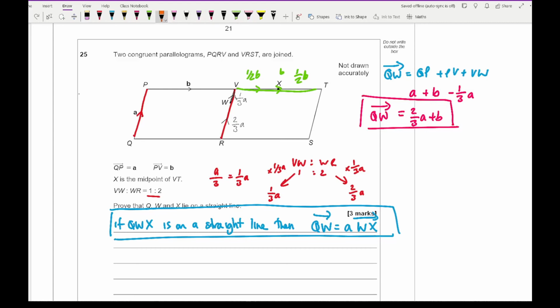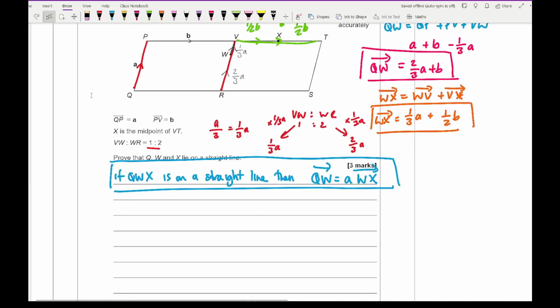The next thing for me to work out is what W to X is going to be. To get from W to X, I'm going to go from W to V and then V to X. So W to V is going to be a third A, and V to X is a half B. That can't be simplified, so I'm just going to put a little box around that.